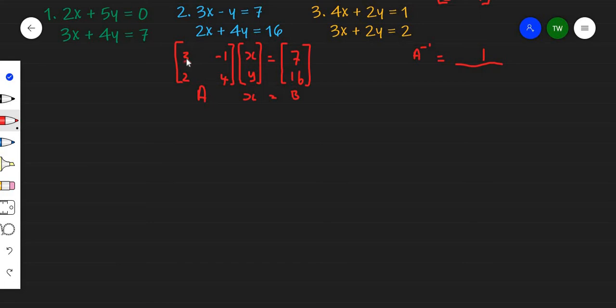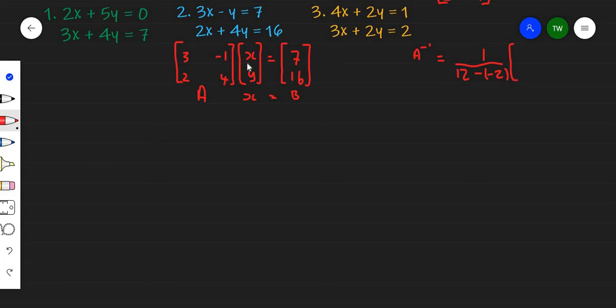So it's going to be 3 times 4, that's going to give us 12. So I'm going to just write it here, minus the product of the non-leading diagonal. So it's going to be 2 times negative 1, so it's going to be negative 2. Let's put a bracket and put my negative 2, times the adjoint of A.